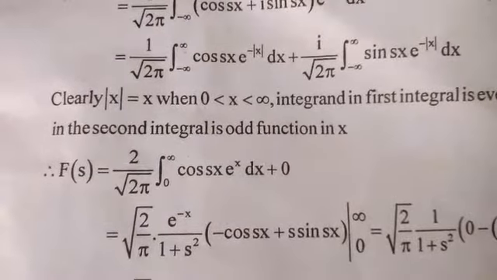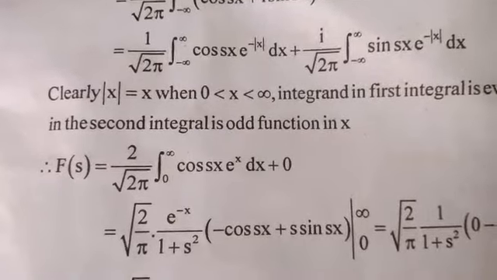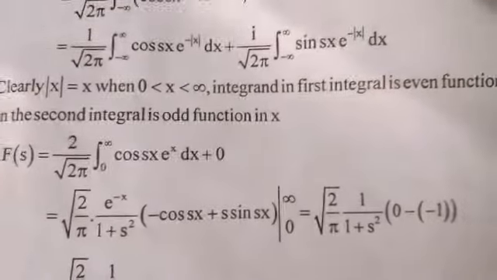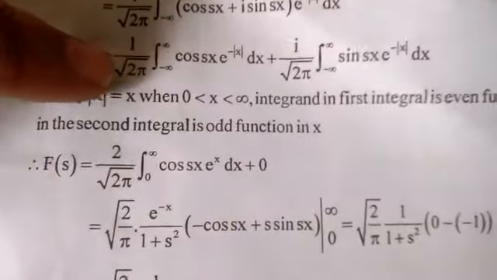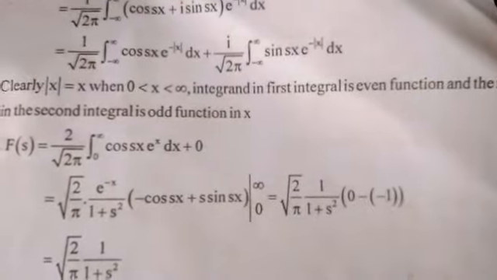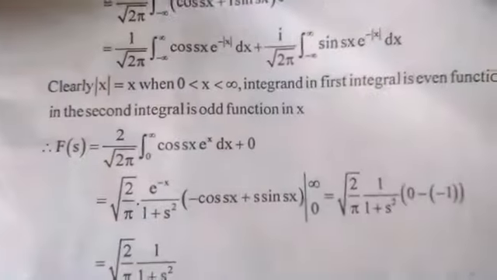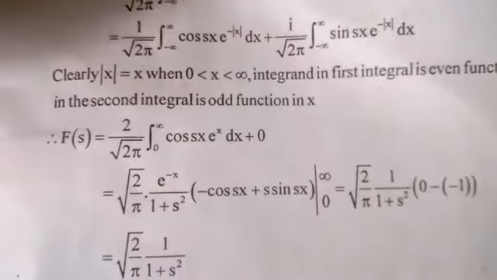When x is greater than 0 and less than infinity, the integrand in the first integral is an even function, and the integrand in the second integral is an odd function. The integral of an odd function is 0. Therefore, 0.